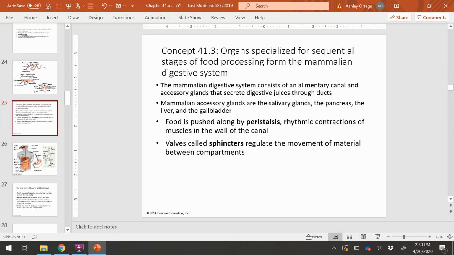It's going to relax the muscle right in front of the food. That way it allows for movement of that food in the forward direction. And so that's a unifying feature you'll see throughout the alimentary canal, along with sphincters. These are valves that regulate the movement in between compartments. So kind of like drawstrings on a hoodie, these will open and close to allow food to enter or exit different compartments.